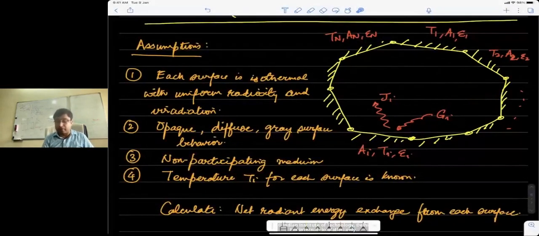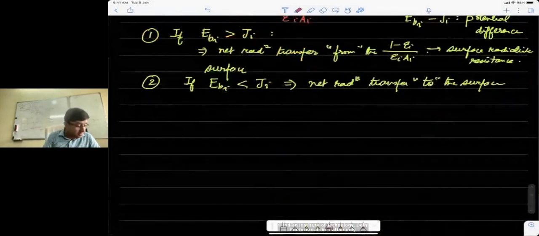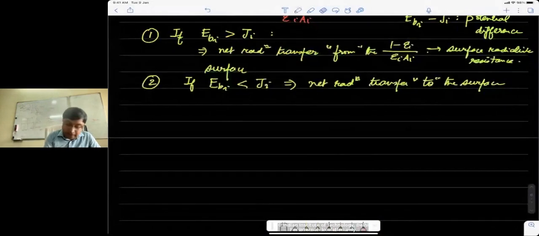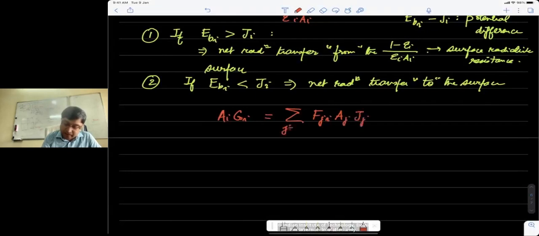G_i is the irradiation; it must be coming from somewhere, as radiosities from other surfaces. So I can write from an energy balance that the total energy received by irradiation on surface i is the same as F_ji A_j J_j.